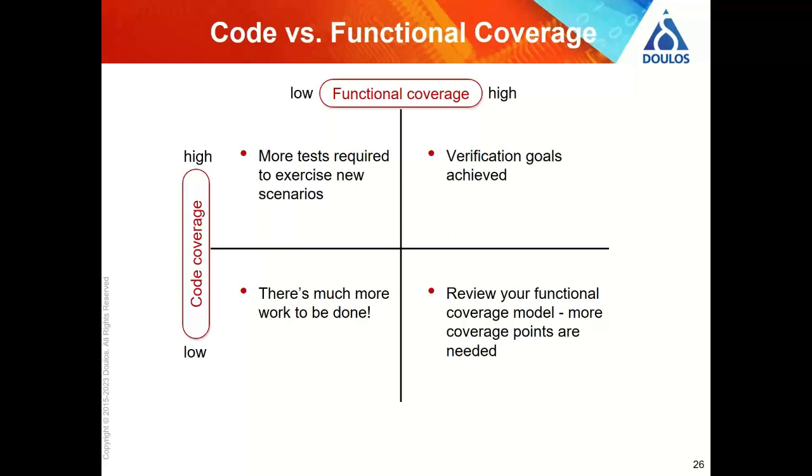If we've got high functional coverage and low code coverage, then that sounds suspicious. So maybe our cover groups are not really testing what we expect. Maybe we've got cover bins which are just too broad. So we're getting hits which are not actually telling us anything useful. And if we've got low for both functional and code coverage, then we've got a lot more work to do.